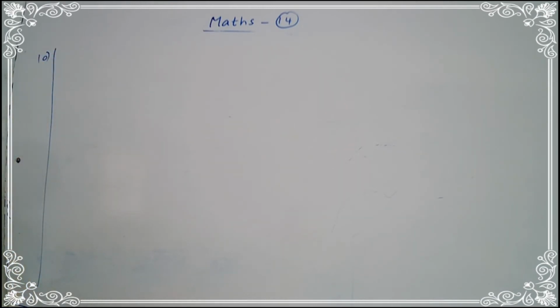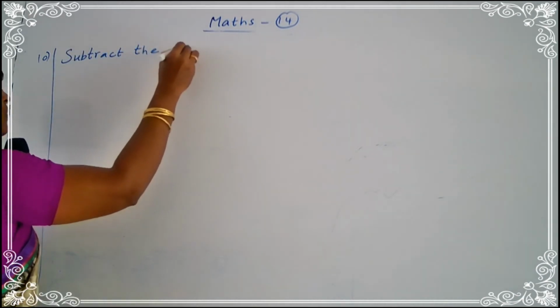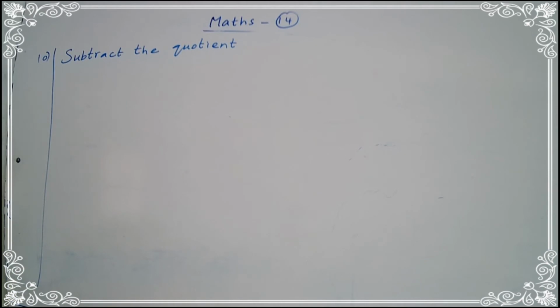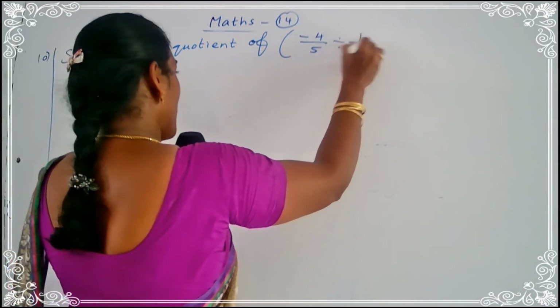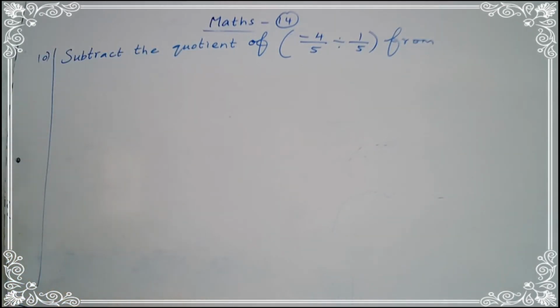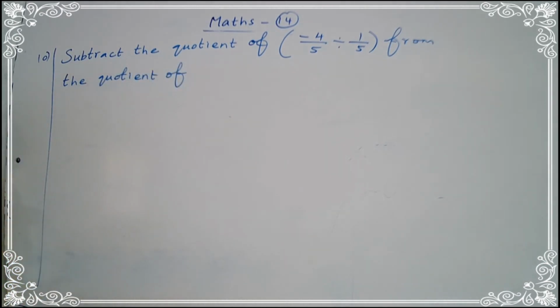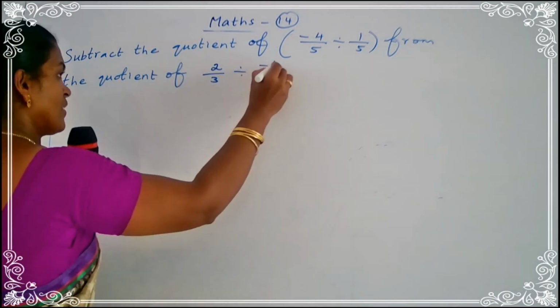Subtract the quotient of minus 4 upon 5 divided by 1 upon 5 from the quotient of 2 upon 3 divided by minus 6 upon 9.